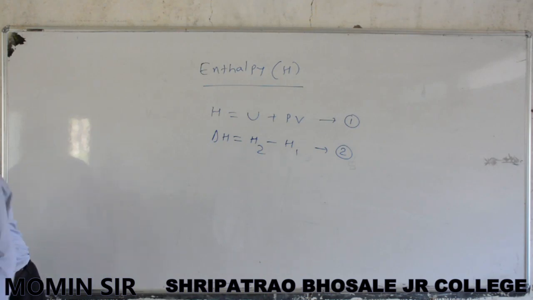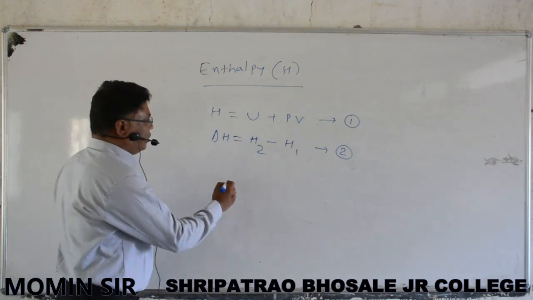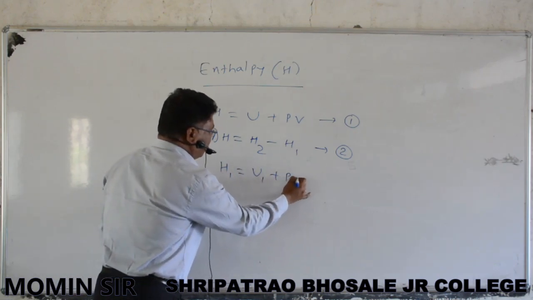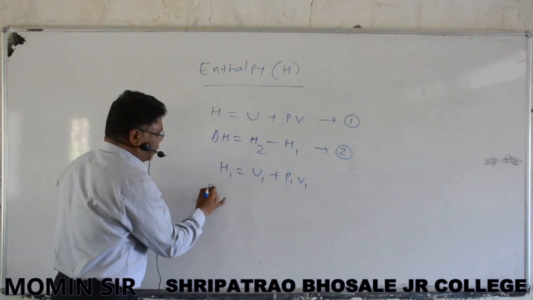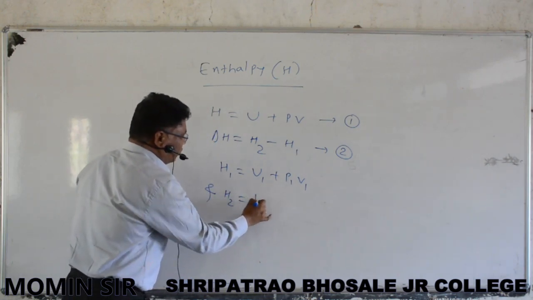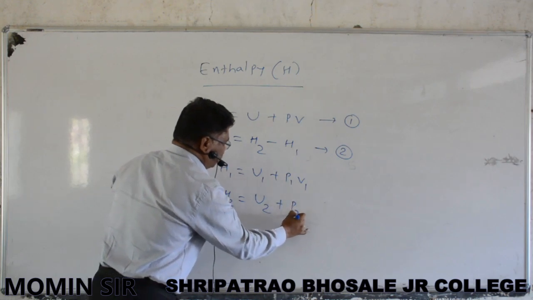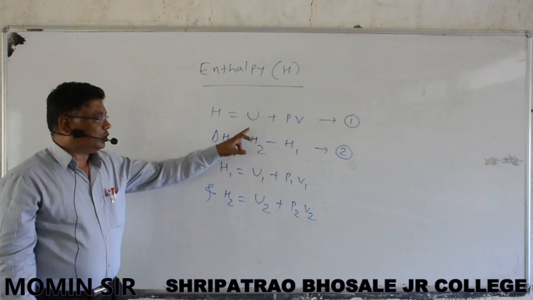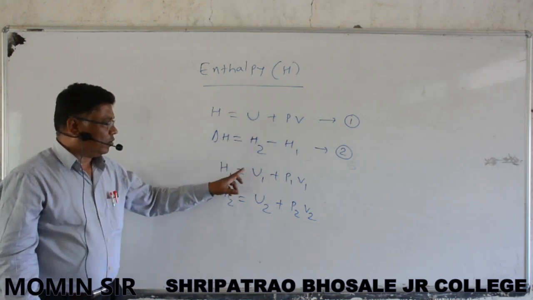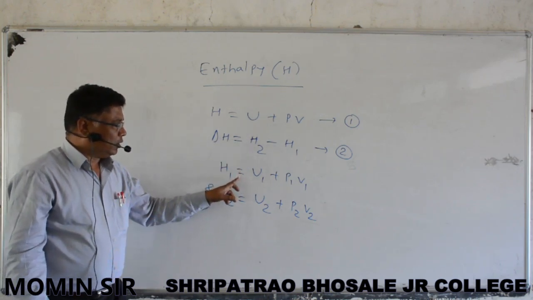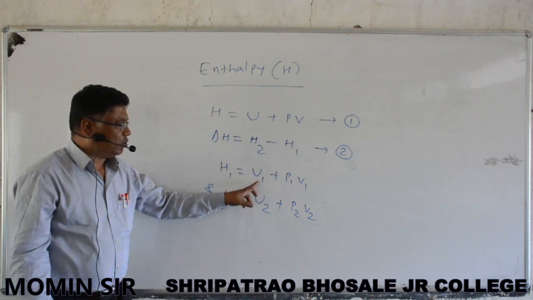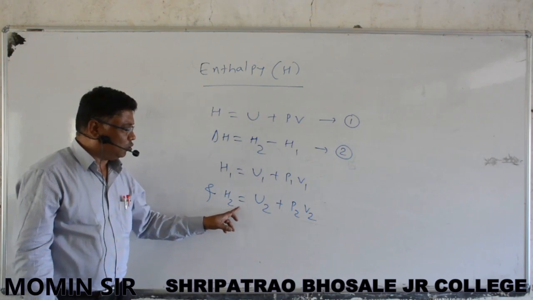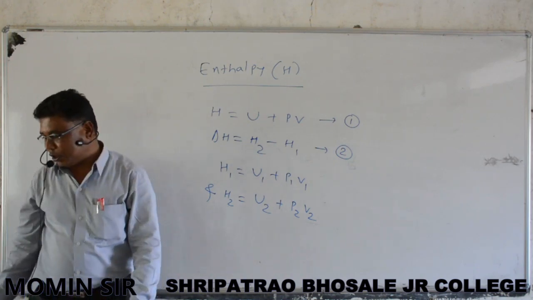Here, from equation 1, we write for the initial state, enthalpy H1 is equal to U1 plus P1 V1, and enthalpy in the final state H2 is equal to U2 plus P2 V2.